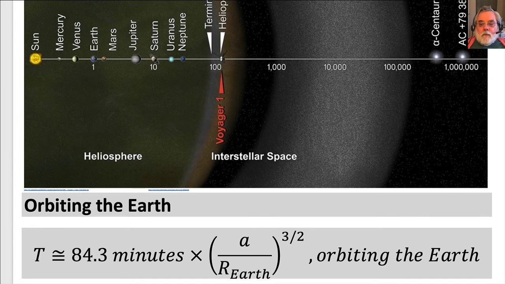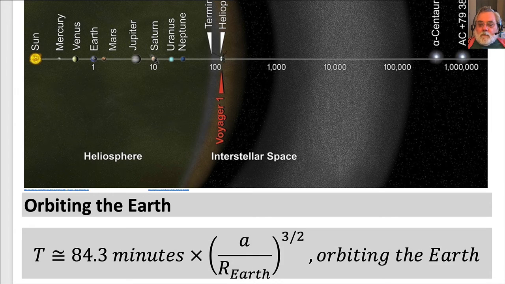For orbiting the Earth, the period of orbiting objects is about 84 minutes times their semi-major axis divided by the radius of the Earth to the 3/2 power.